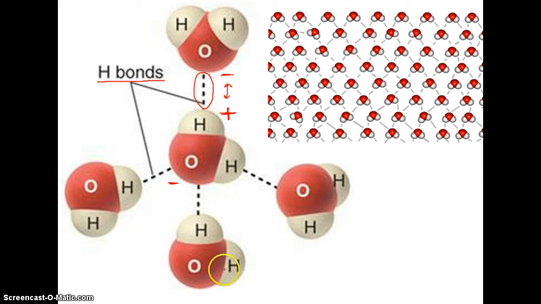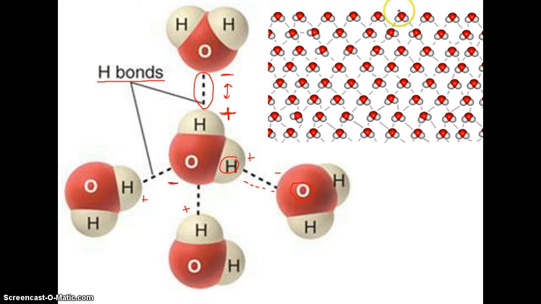If you look at all of these water molecules here, you have the hydrogen of one water molecule bonding with the oxygen of another water molecule. You have the slightly positive end of one molecule bonding with the slightly negative end of another, and the same thing again and again. So a hydrogen bond is how water molecules stick together with each other. Not how one water molecule is held together, but how multiple water molecules get held together, because the positively charged hydrogen on one molecule is attracted to the negatively charged oxygen on another.